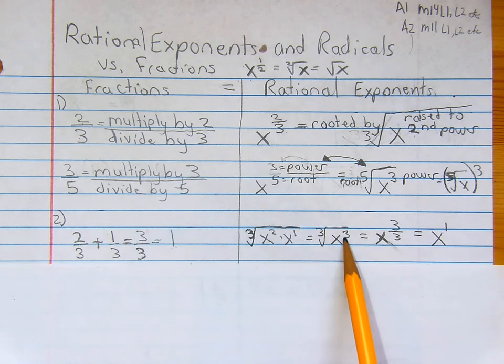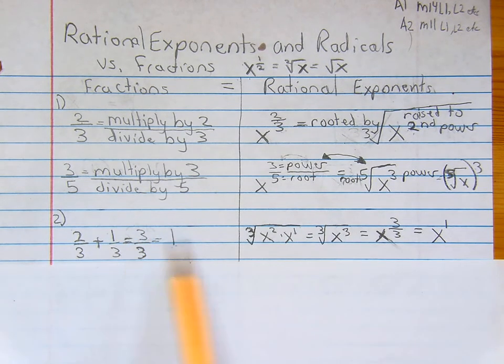So I get x to the third. Well, this is basically the same concept as multiply by 3, and this is basically the same initial concept as divide by 3. So if I'm raising to the third power and then rooting by the third power, they turn into a fraction that looks like this, an exponent of this, which simplifies down to that, and then the x is broken free.